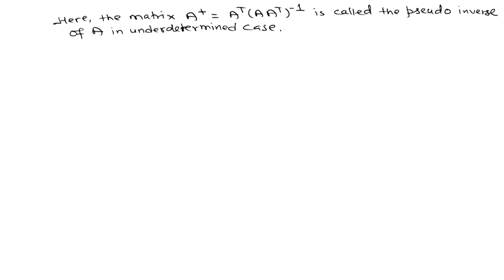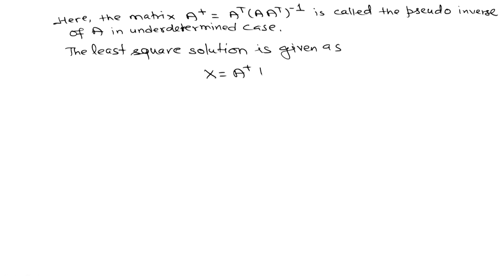So, please see the difference. In the overdetermined case, I had this matrix as (A transpose A) inverse into A transpose. Here I have A transpose into (A A transpose) inverse. So, the least square solution is given as x equals A plus b.